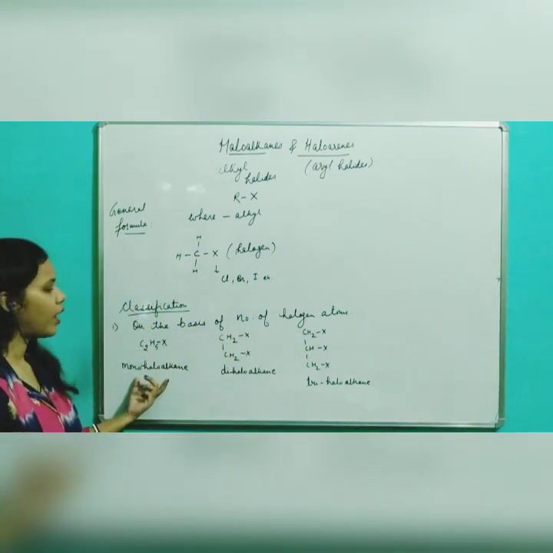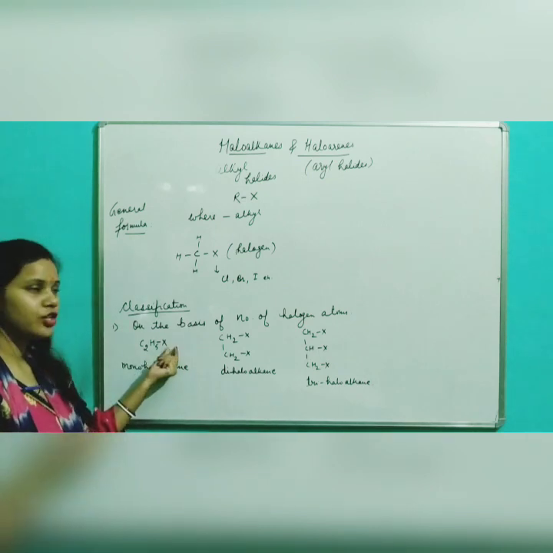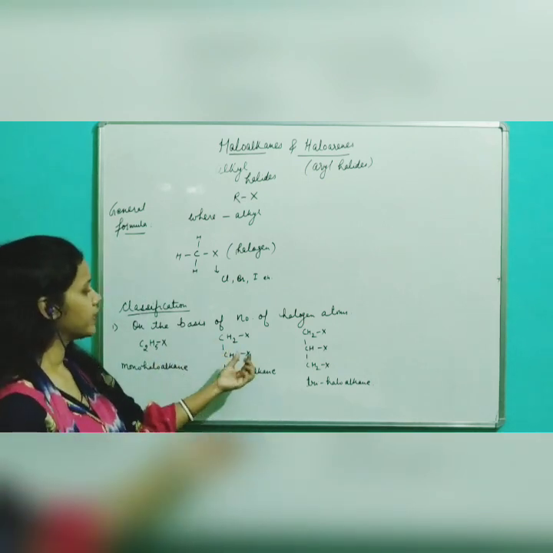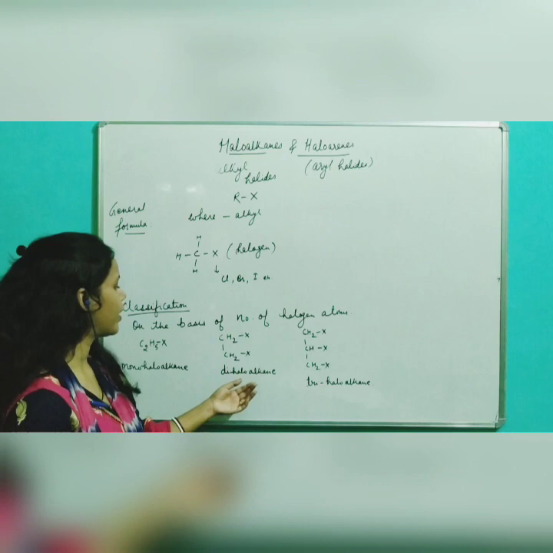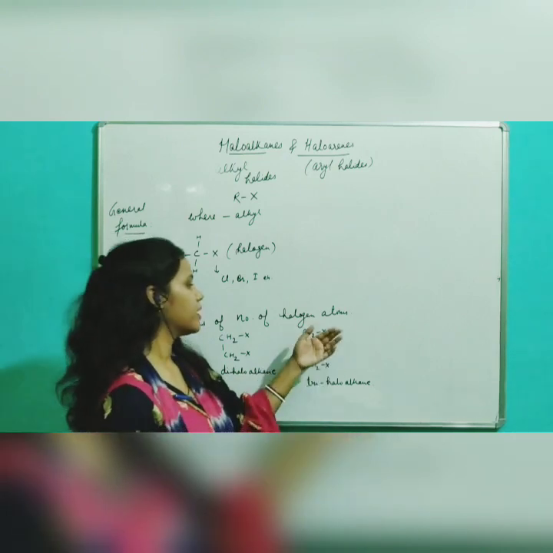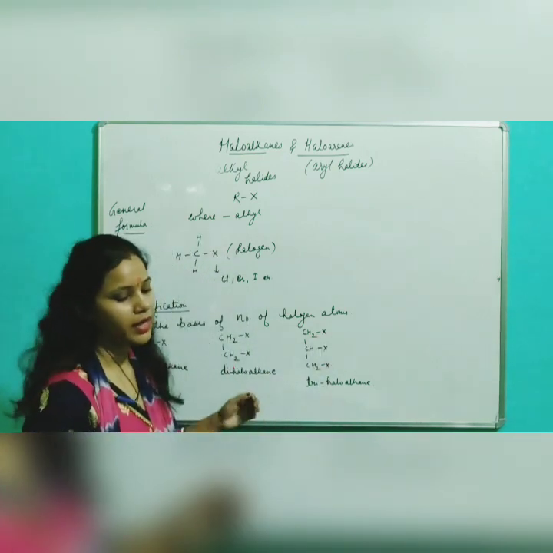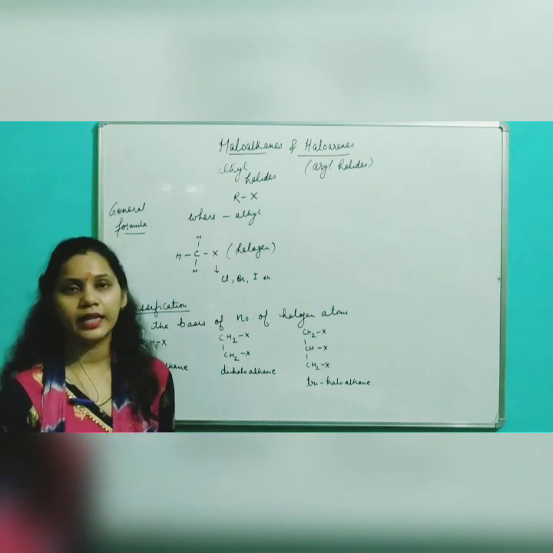So first is monohaloalkane, since it has only one halogen attached to it. The other one has two halogen atoms, that is why dihaloalkane, and the third has three halogen atoms, that is why trihaloalkane.